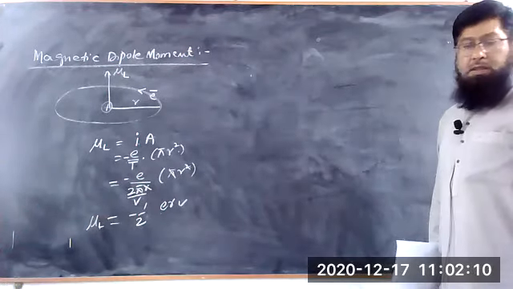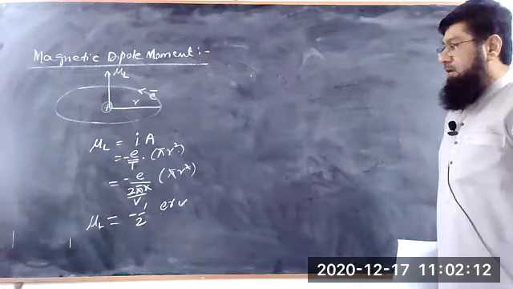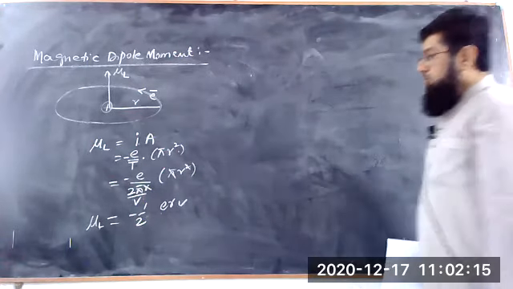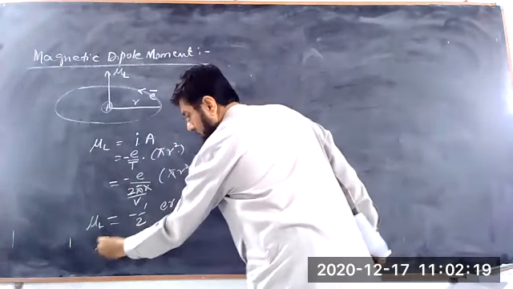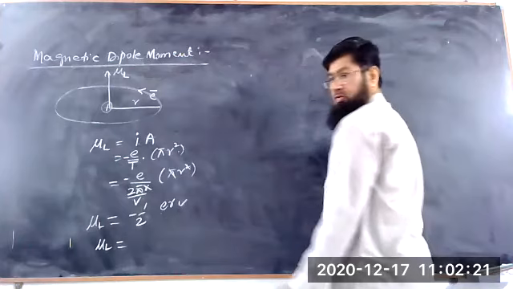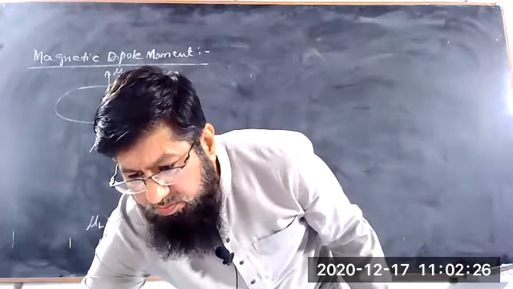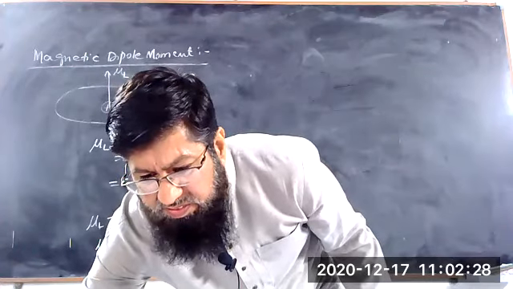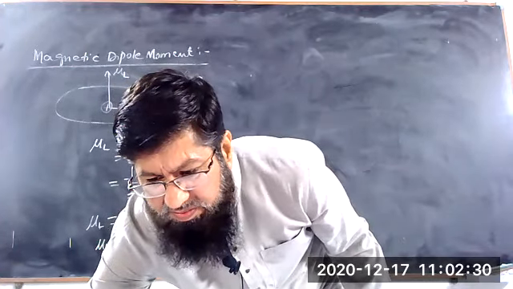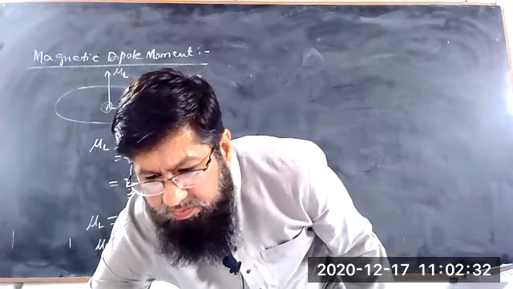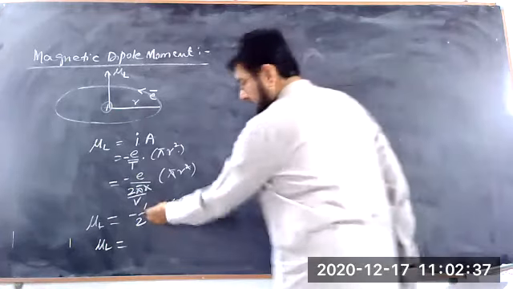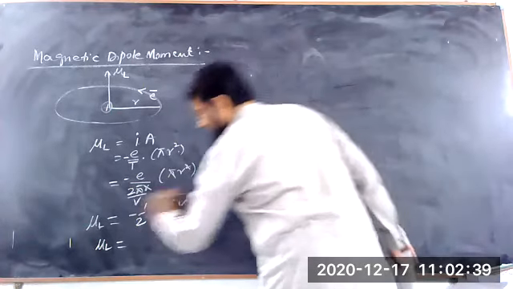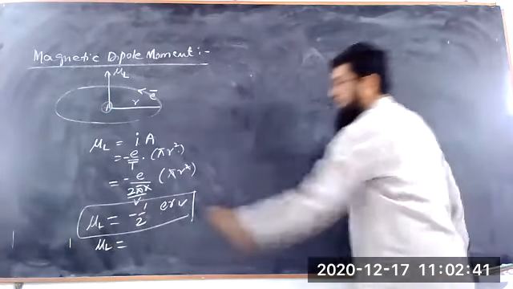So this is mu L, the magnetic moment of the moving electron. Now multiply and divide by m.